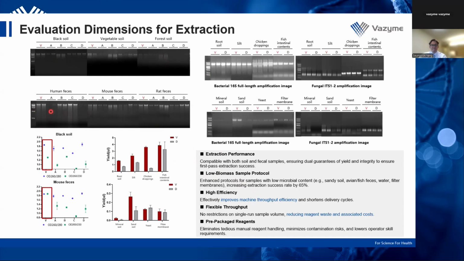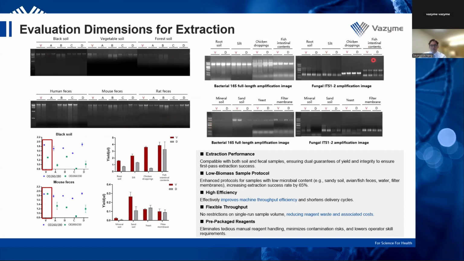The V lanes represent the Vazyme's DMA 5101, while A to D represent competitor products. As you can see, Vazyme's kit consistently delivers clear and strong bands, which indicates higher DNA yields and quality.